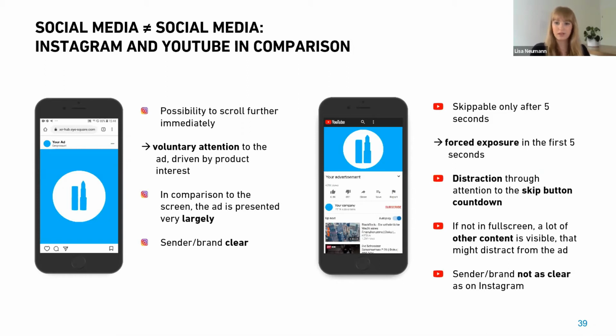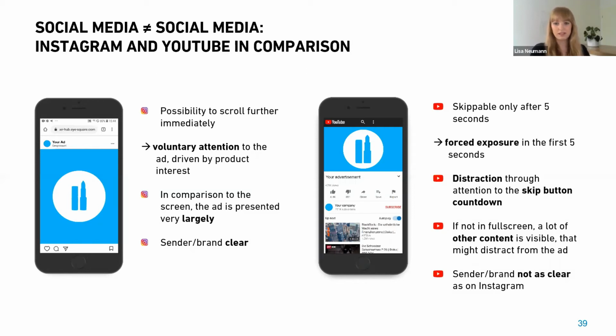And that means that attention to the ad is voluntary and driven by a certain product interest. Plus, the ad is presented very largely if you compare it to the rather small smartphone screen. And last but not least, on Instagram, the brand is clear, as you can see on the screenshot. Everyone can clearly see who the sender of the ad is.